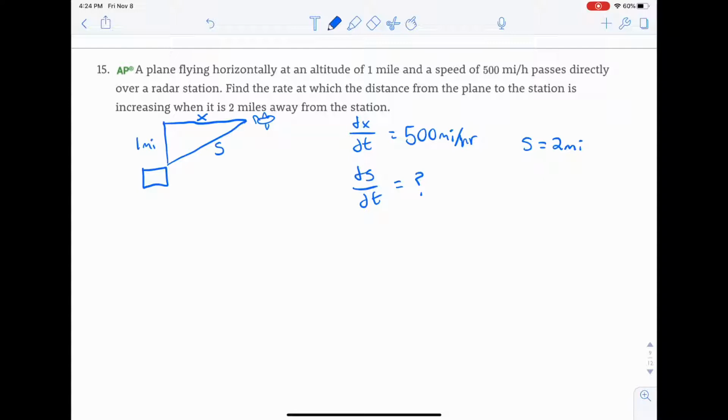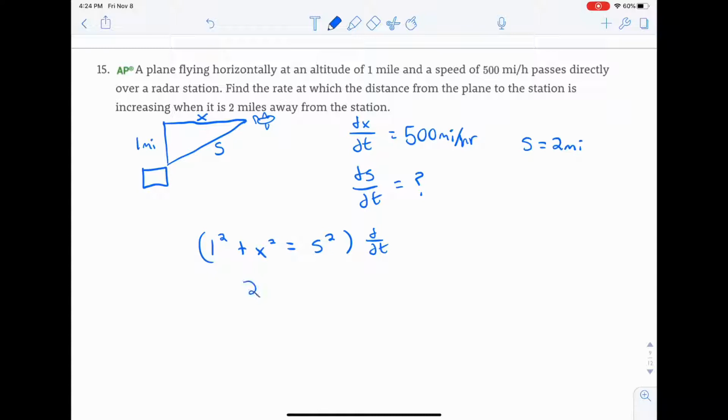Now we want to find an equation that we can relate all these, and we have 3 sides of a triangle. We can go ahead and use the Pythagorean theorem. So it would look like 1 squared plus x squared equals s squared. And then you're going to take the derivative with respect to time of both sides.